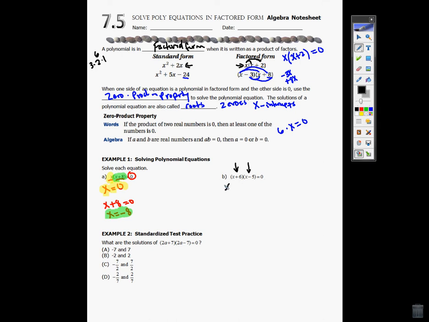So either x plus 6 has to be 0, or x minus 5 has to be 0. The first one is going to imply that x equals negative 6 when I subtract 6 from both sides and get x by itself. The second one is going to imply that x equals 5 when I add 5 to both sides and get x by itself.